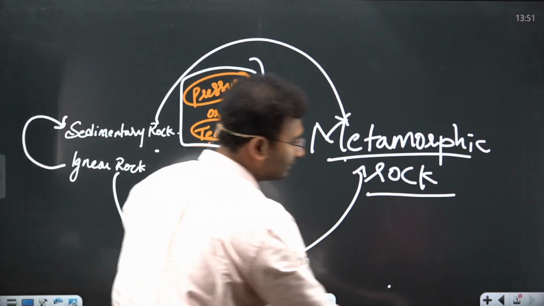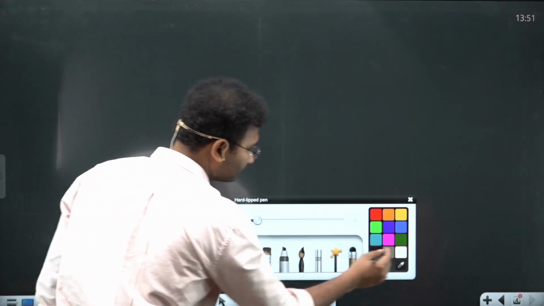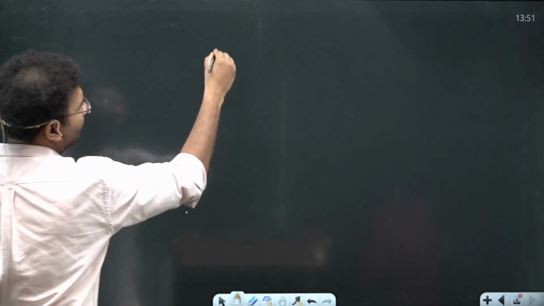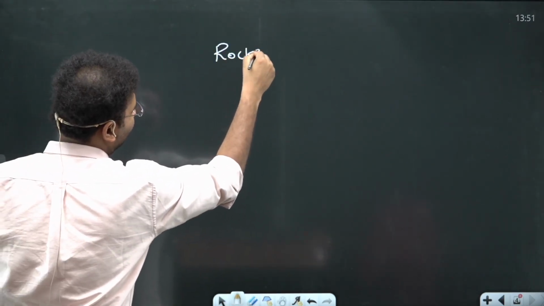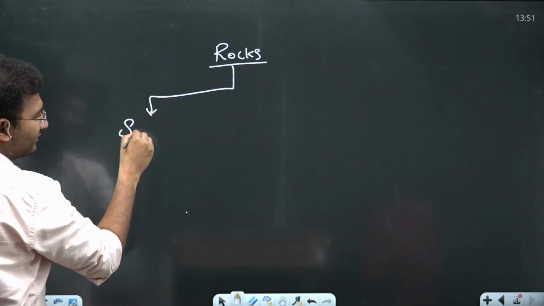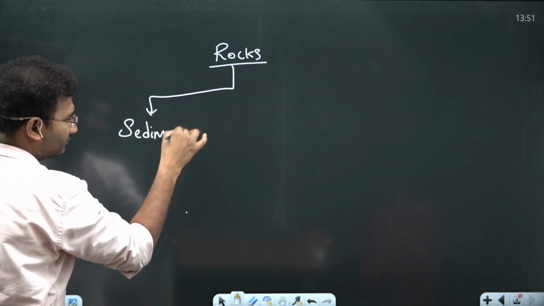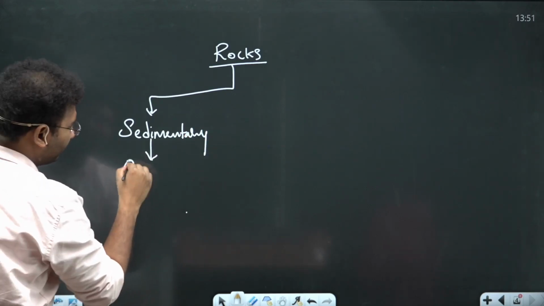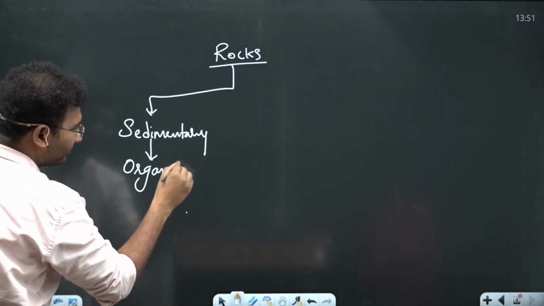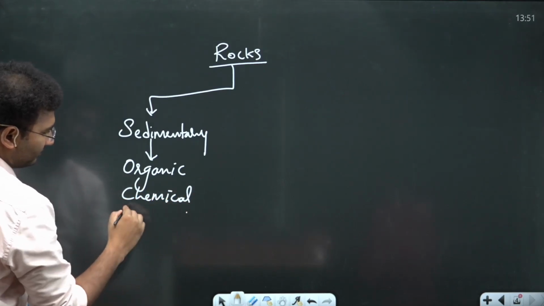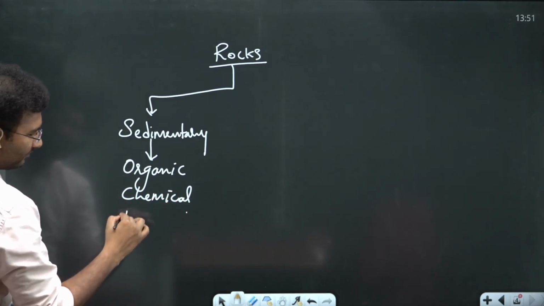I already told you that rocks are of three different types. Now you can divide the rocks into, one, sedimentary, and these sedimentary rocks can be further divided into organic sedimentary, chemical sedimentary, and the third type, mechanical sedimentary.